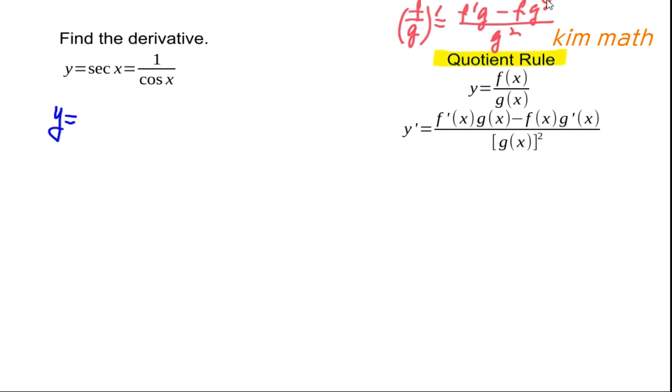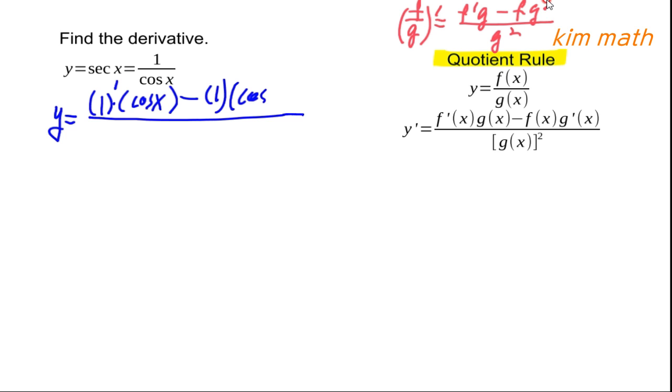So y', let me copy. In this case f is the 1, so 1 prime, and g means cosine x, minus, copy the first function and the derivative of the second function, over g squared, which means cosine squared of x.